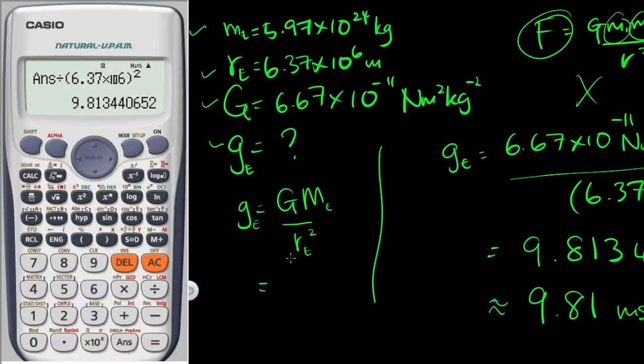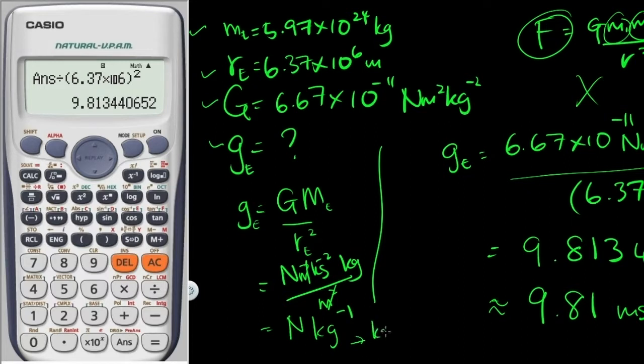Unit for capital G is Newton meter square kg minus 2, and then mass is kg, and then divide by meter and then square. So meter square, we can cancel out, kg minus 2 and kg, so we will get Newton kg minus 1. So what is Newton?